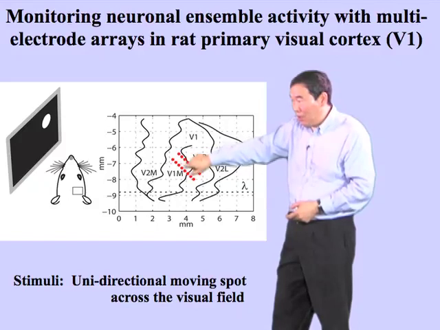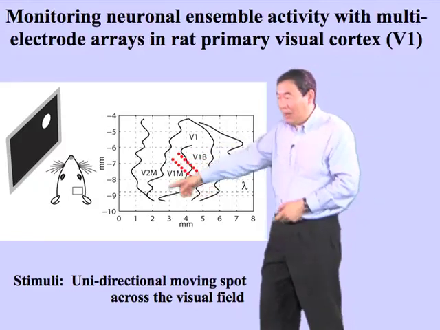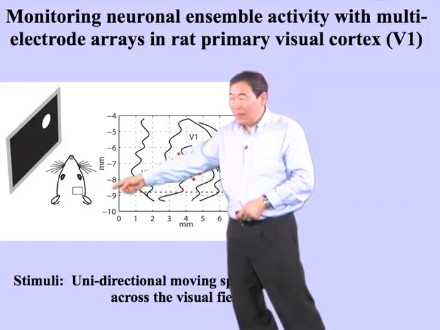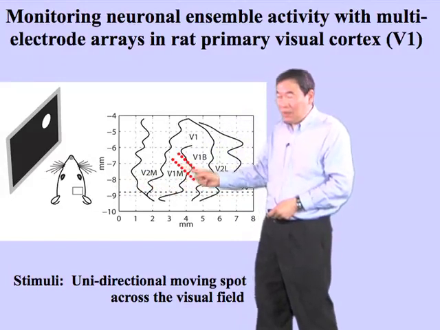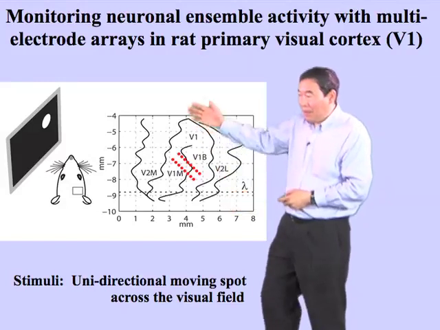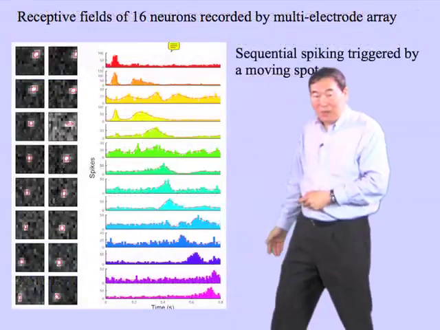For example, here are 2 arrays of electrodes recording 16 cells in the rat primary visual cortex, V1. So the recorded cells have receptive fields that can be mapped from the visual field. Right? One can map the receptive field as shown here.